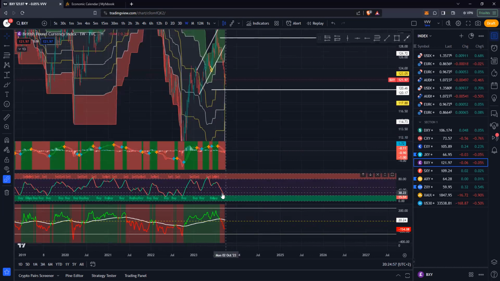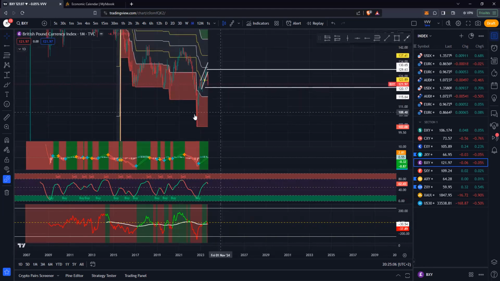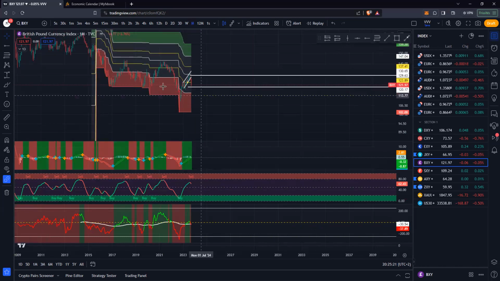But we are in an oversold zone. Okay, and of course, on monthly there is just a sell signal, we crossed the REMA and we are bouncing from the zero line, it looks like. So this could mean that we could see a weaker BXY in the long-term run.